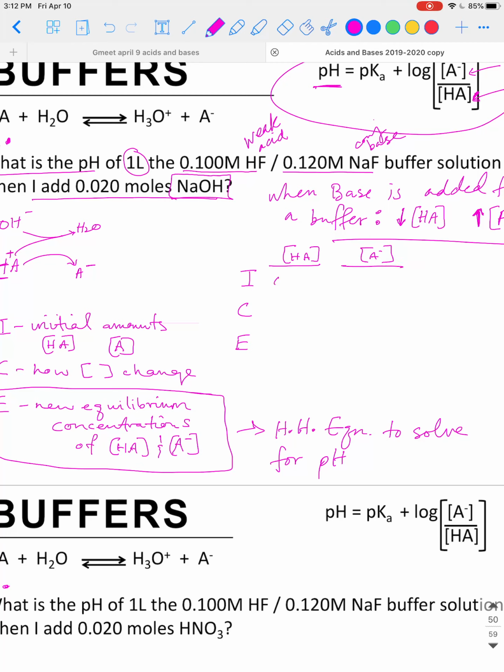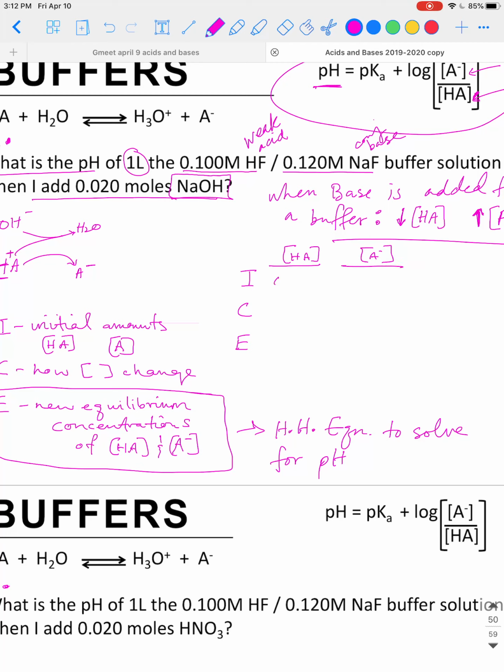So to get the molarity of NaOH, I'm going to do 0.02 moles divided by 1 liter, and my molarity should be 0.02 molar. This is the molarity of NaOH, and that's what I'm going to plug into column C right here.